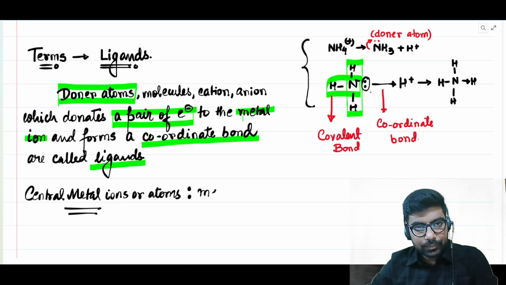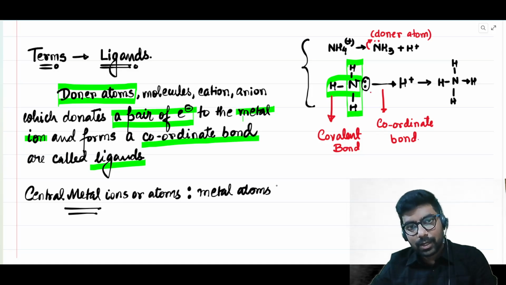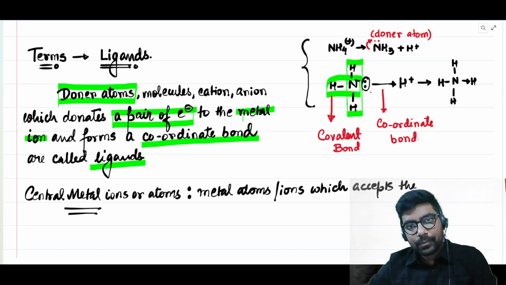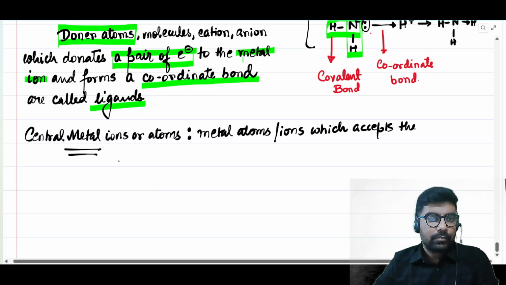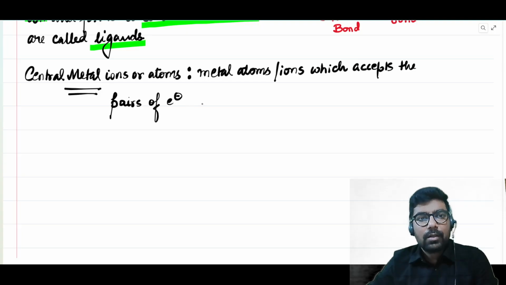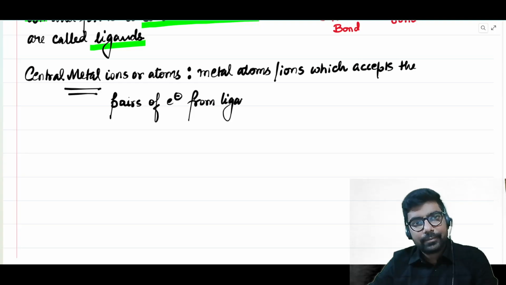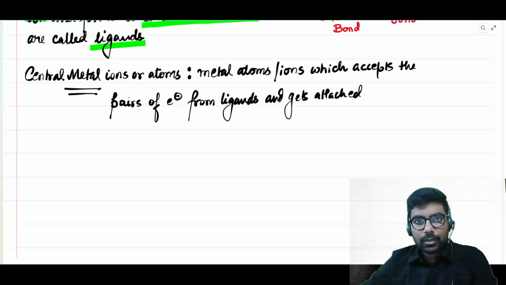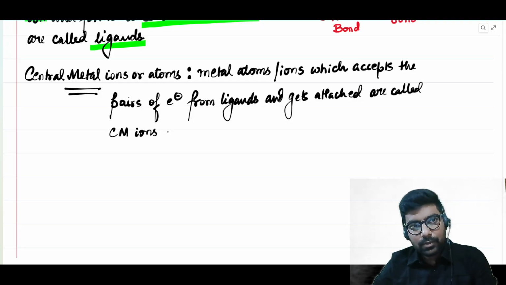These are the metal atoms or ions which accepts the pair of electrons from ligands and gets attached are called central metal ions or atoms.